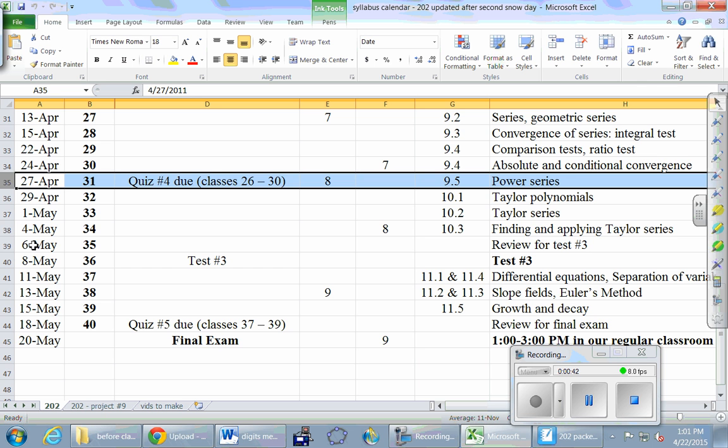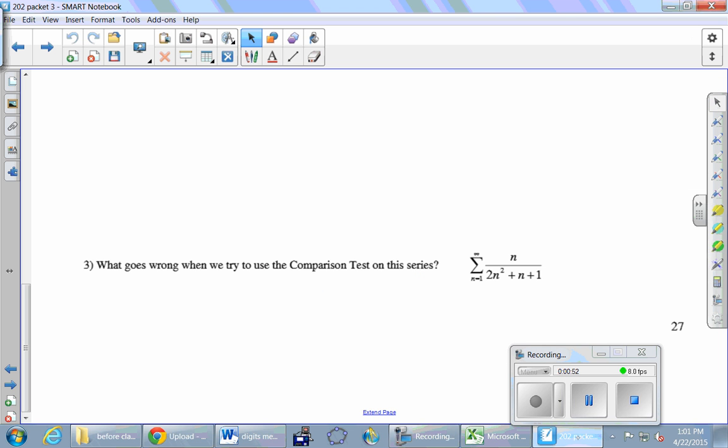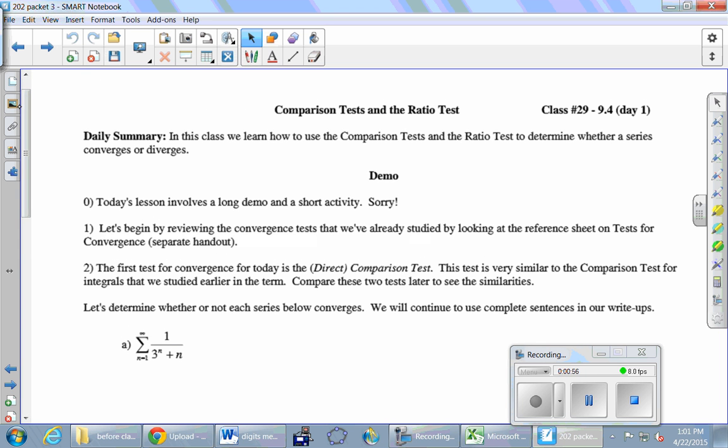There's a fifth quiz, but the final exam is May 20th. It's about a month away. We're getting down to it. Ted and I planned it that way. If we could, we would have made it for the same time. Like left hand calculus, right hand physics.